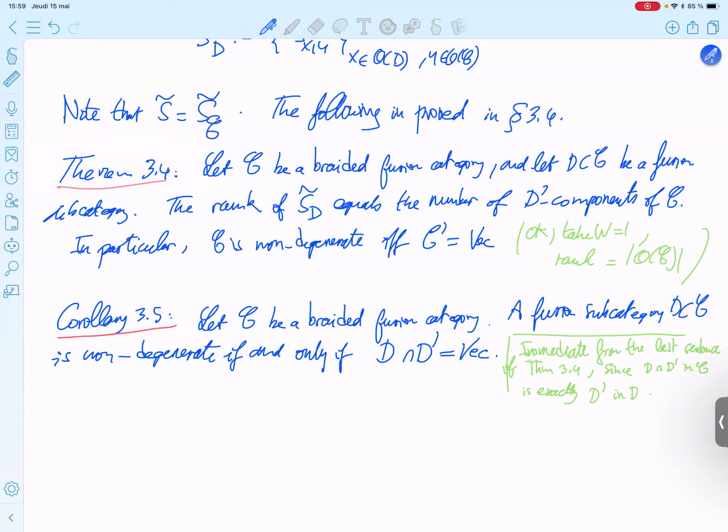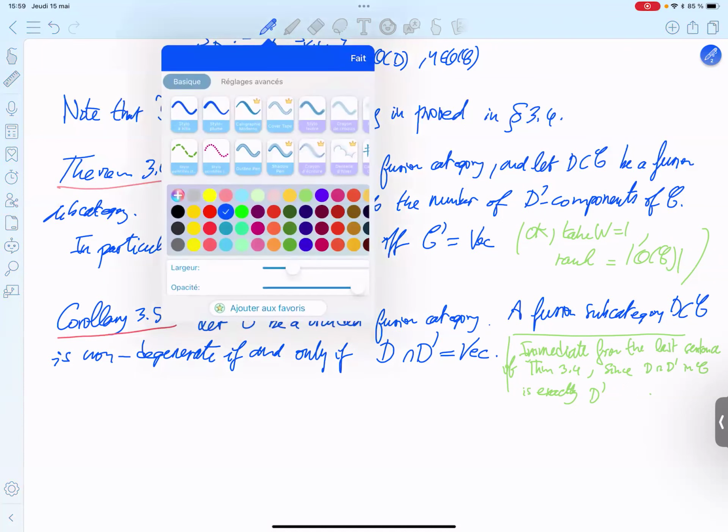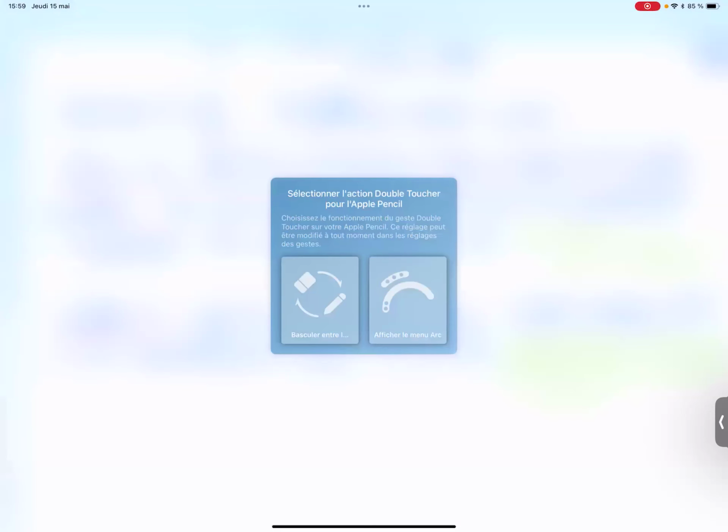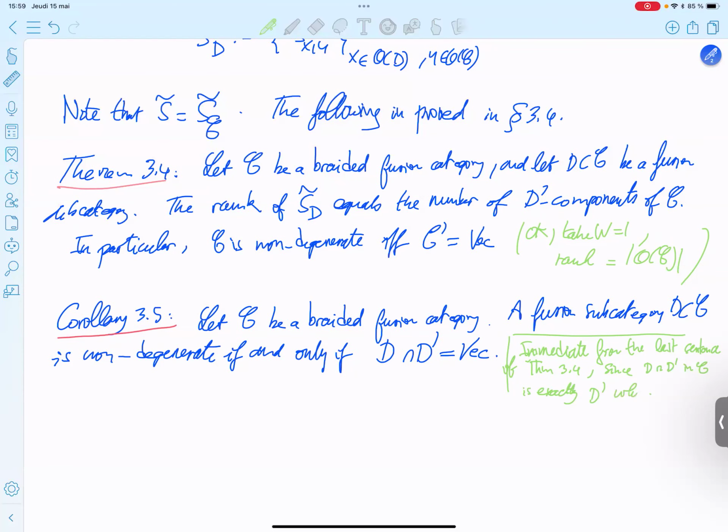Let me write. It's actually D prime when D is considered as a fusion subcategory of D. So it's not a mistake that I repeated D two times.